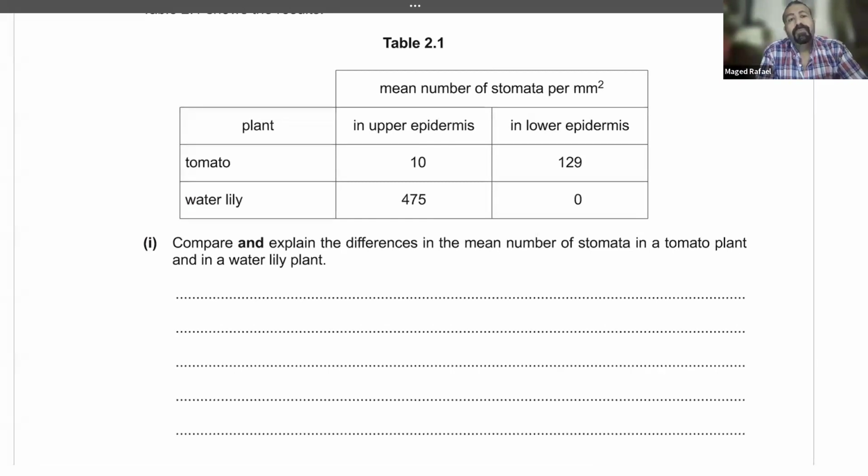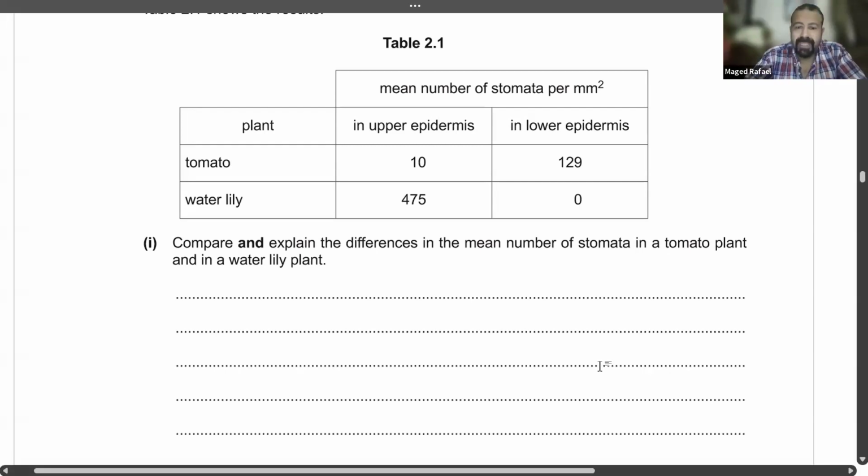In the tomato plant, in the upper epidermis, we have 10, and in the lower epidermis, we have 129. In water lily, we have 475 in the upper epidermis. This is the hydrophyte. And in the lower epidermis, we have 0. There is no stomata in the lower epidermis. I want you to compare and explain the differences in the mean number in the tomato and in the water lily.